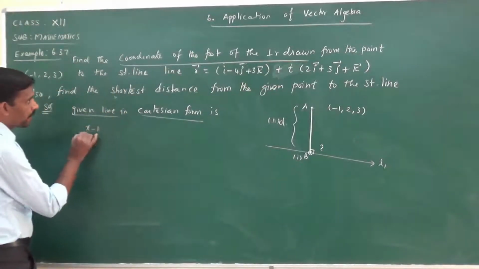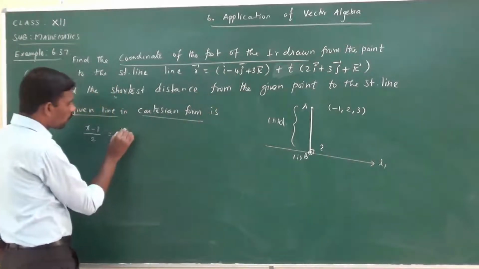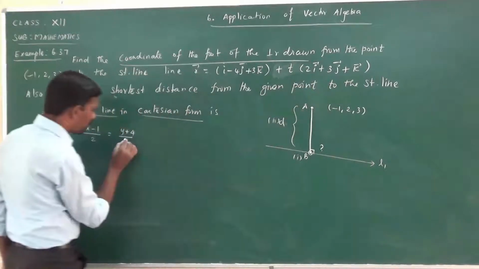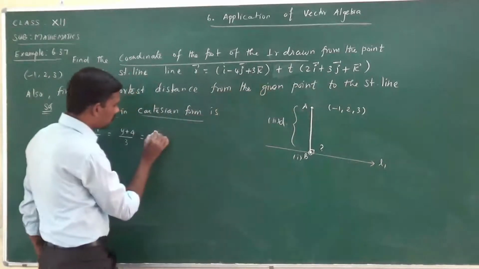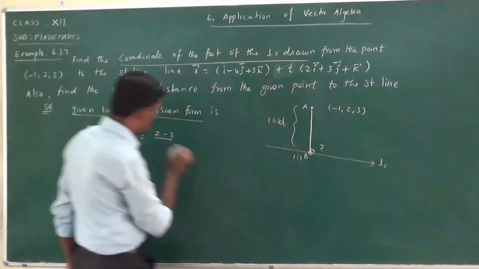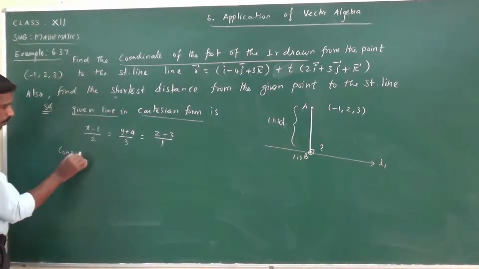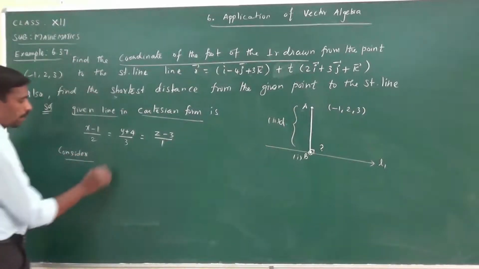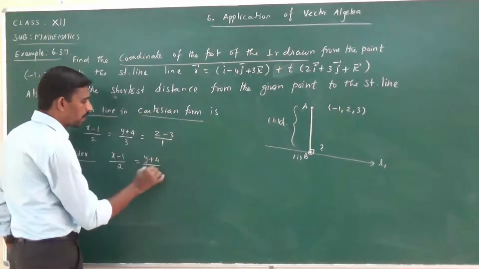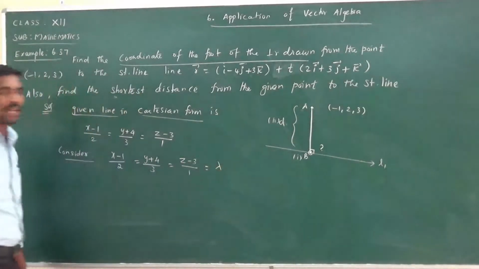So x minus 1 divided by 2 and y minus of minus 5 will be plus 4 divided by 3, and z plus 3 means minus 3, and this one by 1. Consider x minus 1 divided by 2, y plus 4 divided by 3, z minus 3 divided by 1, which is equal to some lambda.